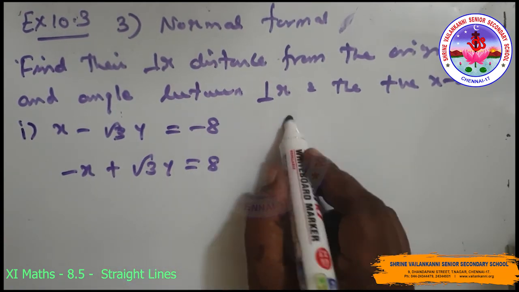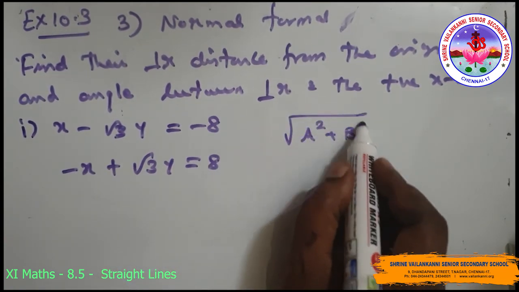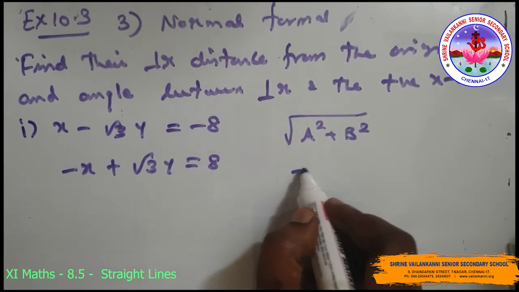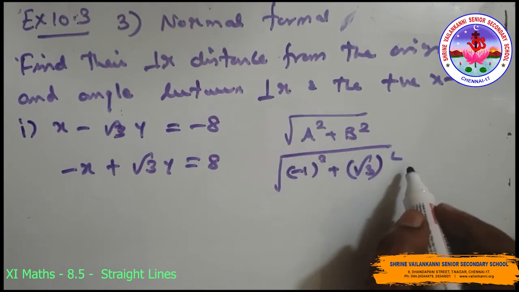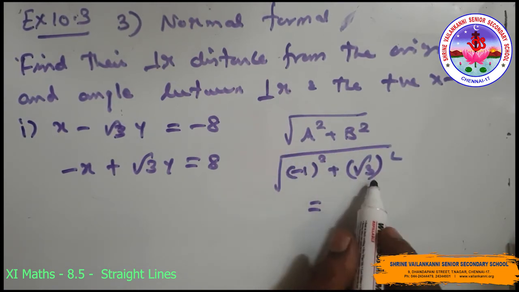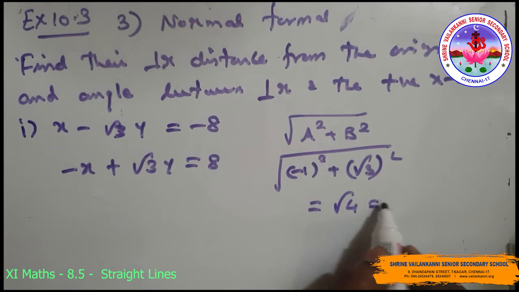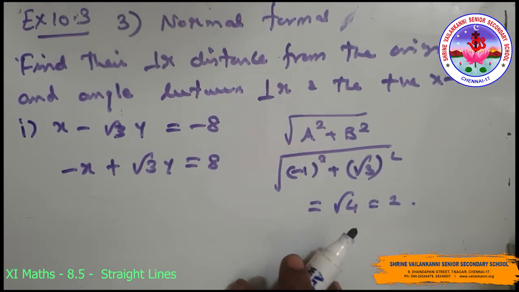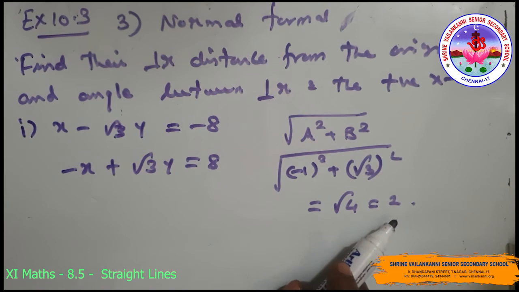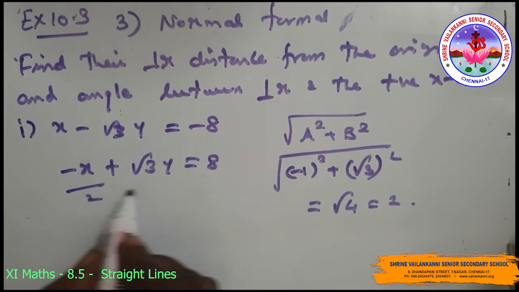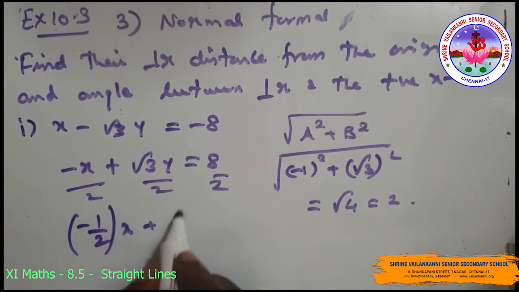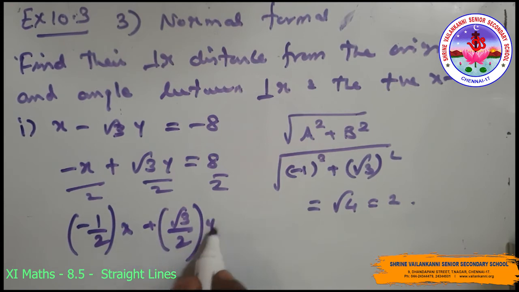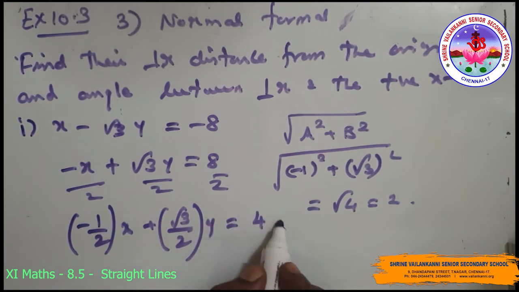So root of a square plus b square, the coefficients of x and y, is root of (-1) whole square plus (root 3) whole square, which is equal to 1 + 3, which is 4. So root 4 is 2. On dividing both sides by 2, we get -1/2 of x + root 3/2 of y = 4.